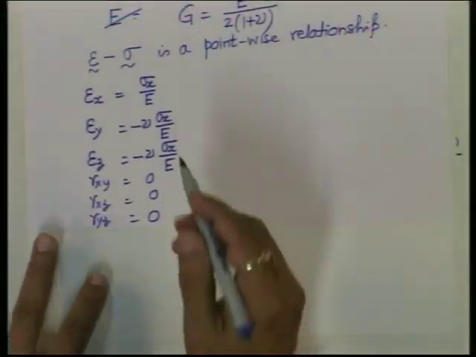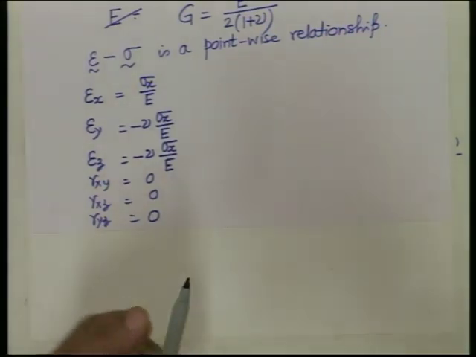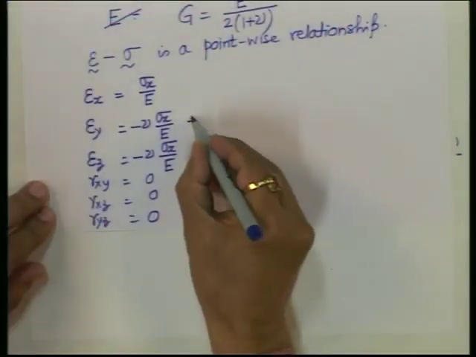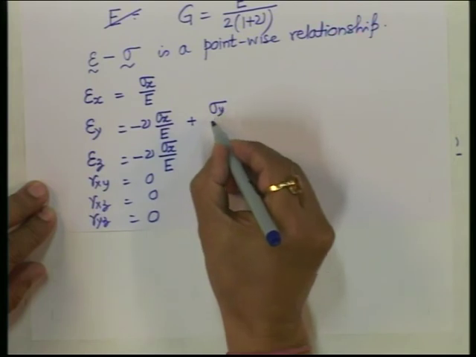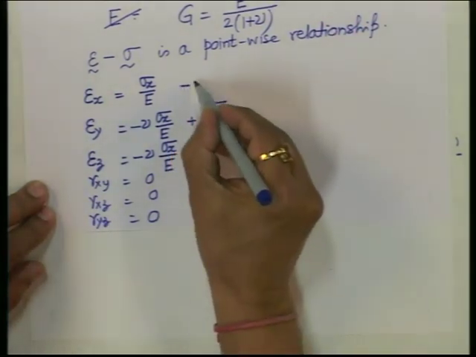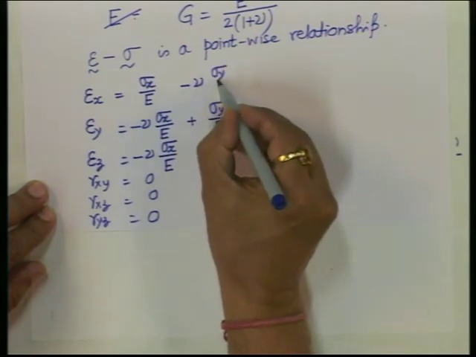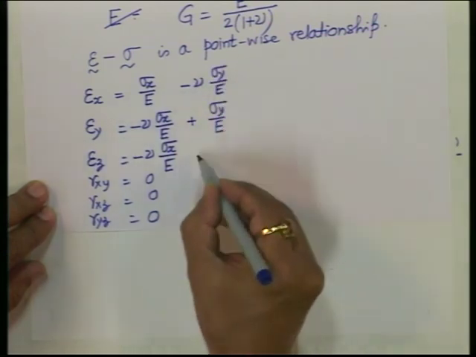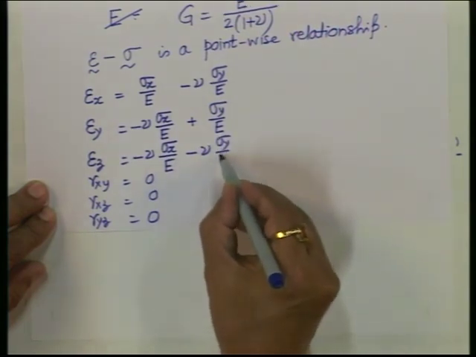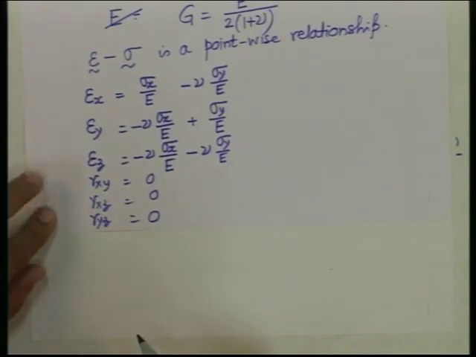So, similarly, if you superimpose on this element sigma y, the strain will be sigma y by E. But then this will also produce strain in x direction, that will be minus nu times sigma y by E, and similarly in z direction minus nu times sigma y by E. Will it produce any shear strains?